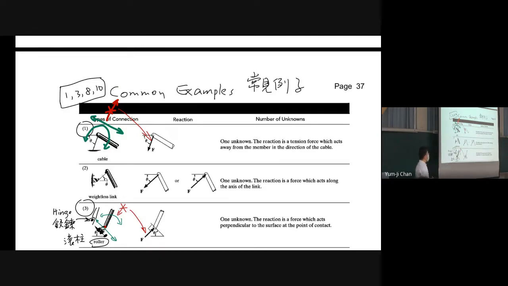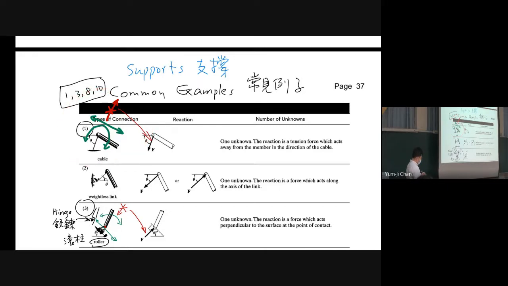For most rigid bodies we have supports, on the ground or with other rigid bodies. So we need to know what to draw as supports.